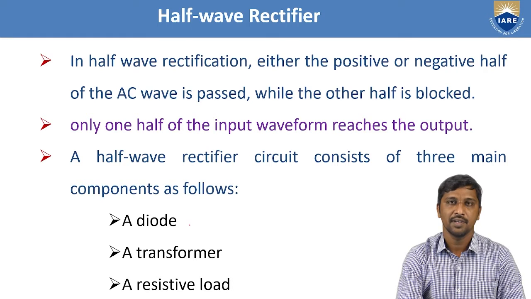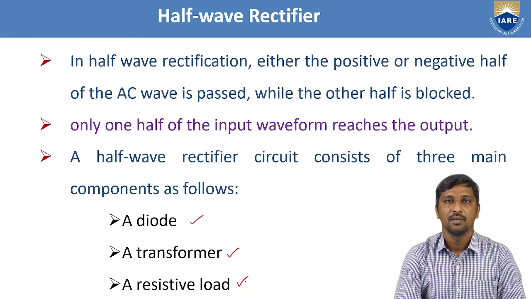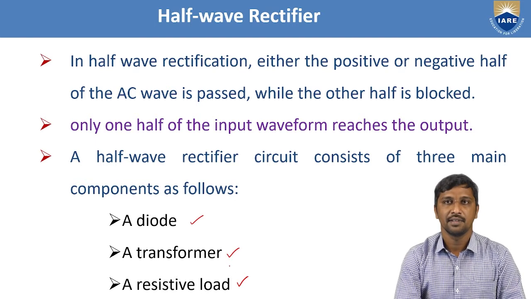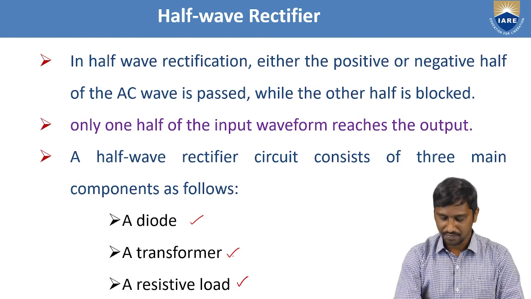In this case, we use only one PN junction, that is nothing but a diode, along with the transformer and the resistive load. By combining these three components, we construct a half-wave rectifier.